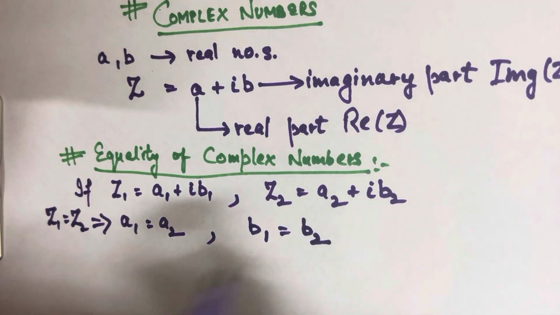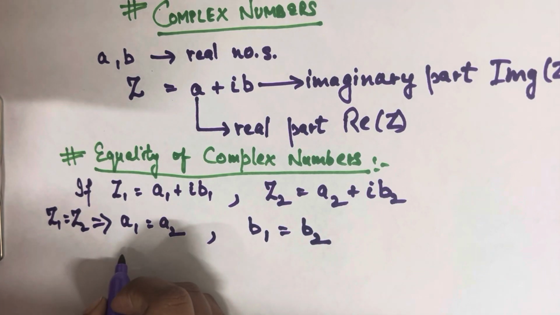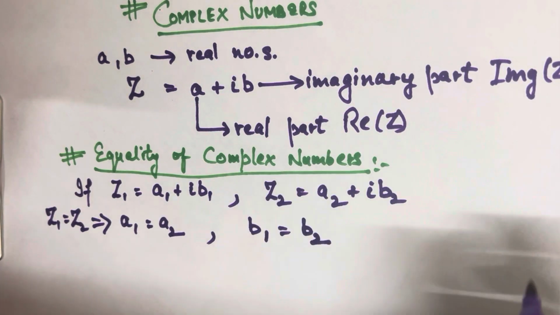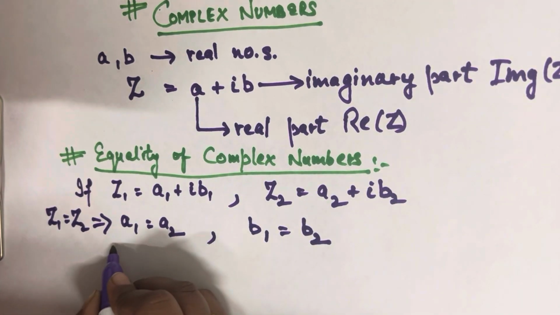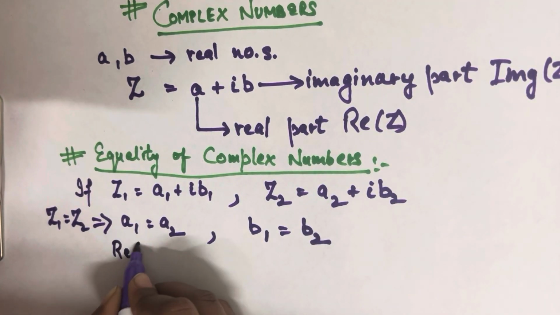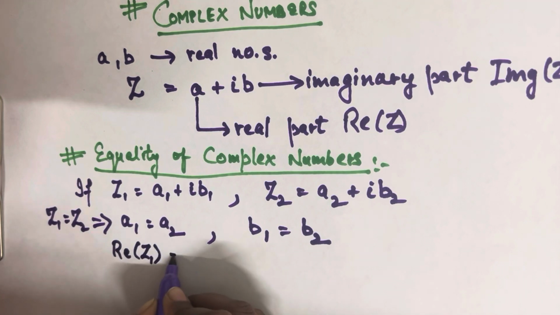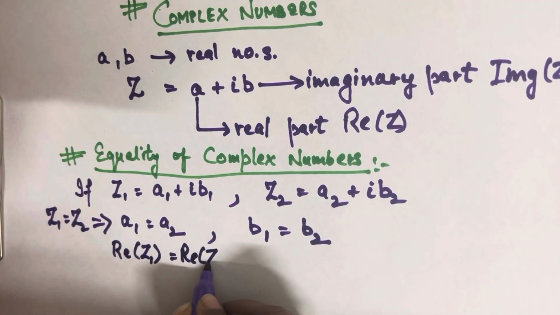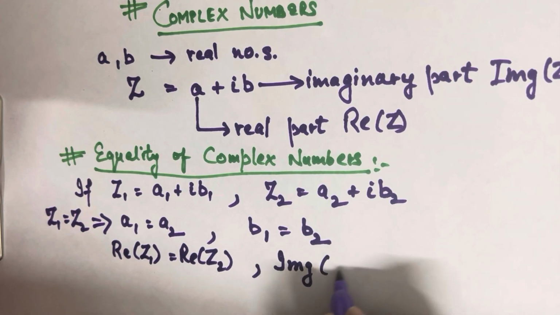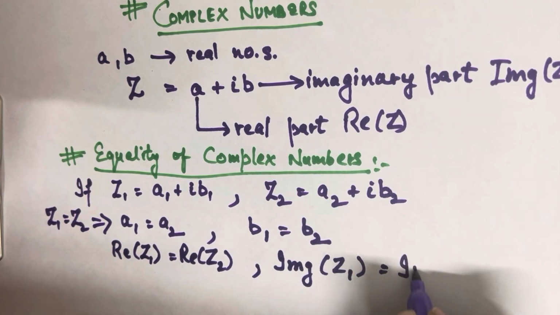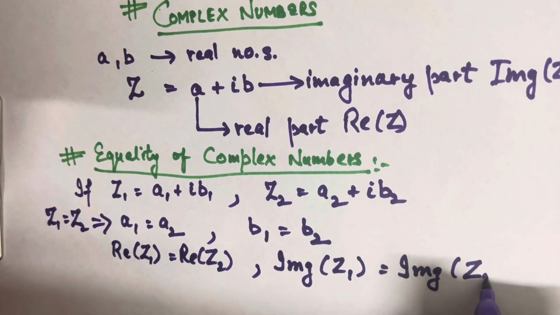Right? So if a1 equals a2 and b1 equals b2, that means the real part of z1 equals the real part of z2, and also the imaginary part of z1 equals the imaginary part of z2.